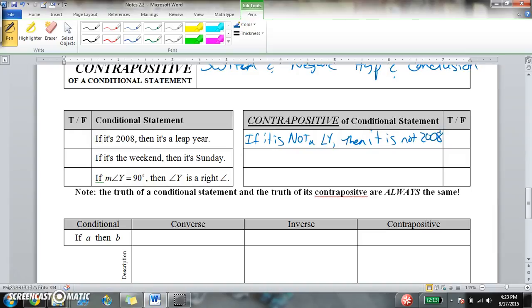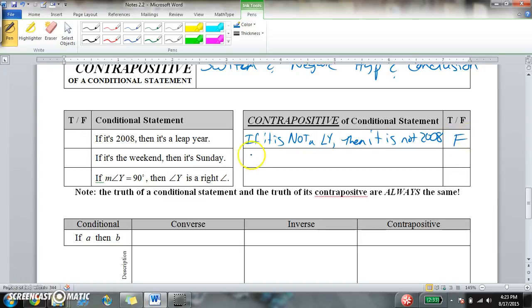So original statement was if it's 2008, then it's a leap year. Contrapositive would be if it is not a leap year, then it is not 2008. Would that statement be true or false? Well, if it's not a leap year, then it can't be 2008 because the original statement we had said if it's 2008, then it's a leap year, and that was a true statement. So obviously if it's not a leap year, it can't be 2008 because we know 2008 was a leap year.